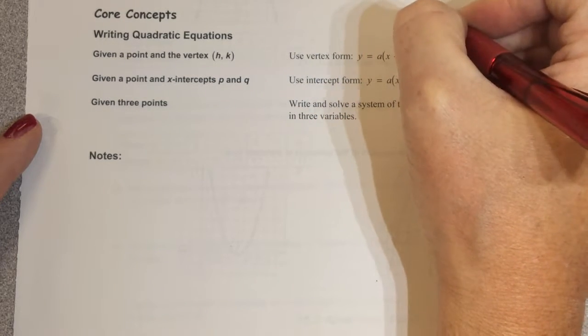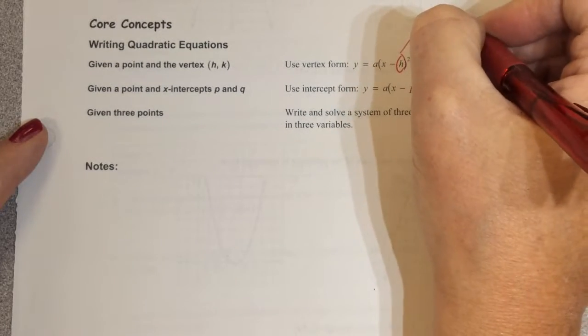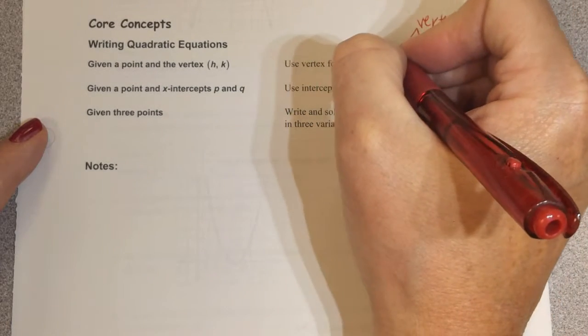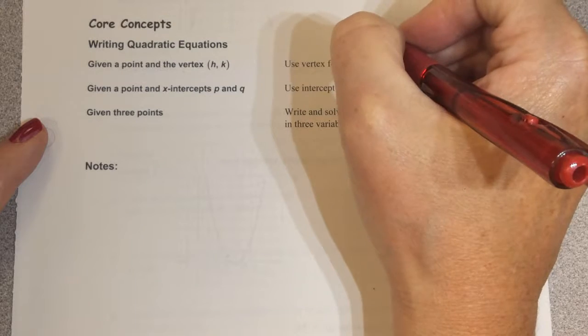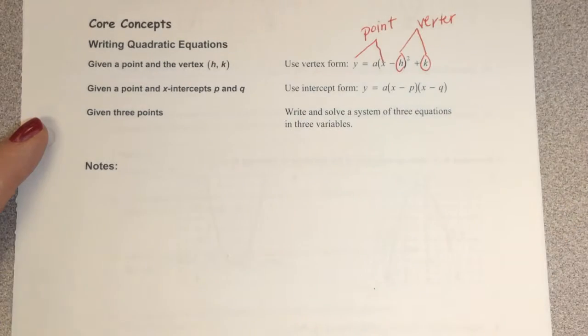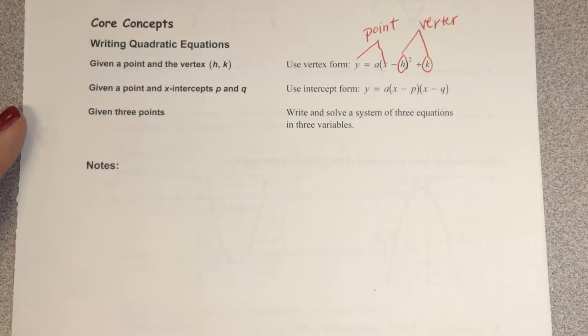That's where our vertex gets plugged in. And then for x and y, we're going to plug in our point. If we do that, then we should be able to solve for a. And then we're just going to rewrite the equation with h and k in it. Questions on that?